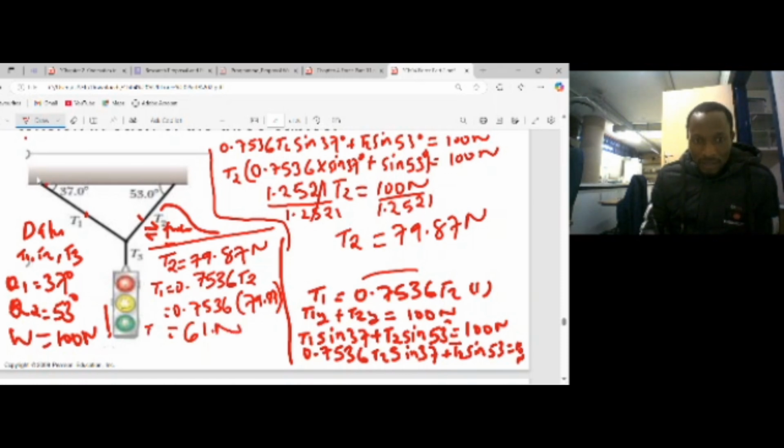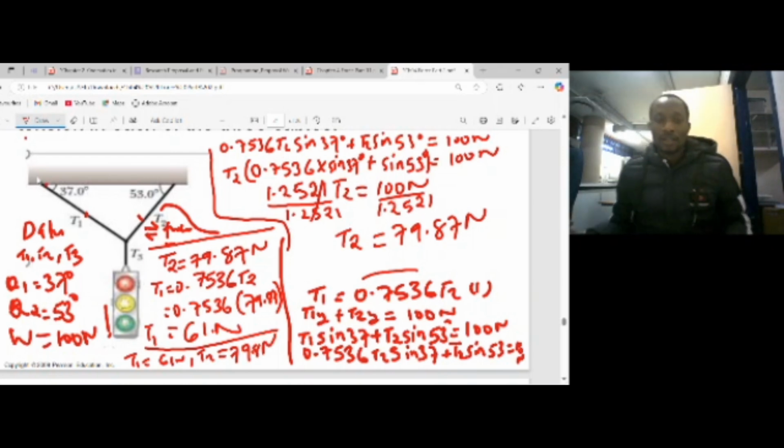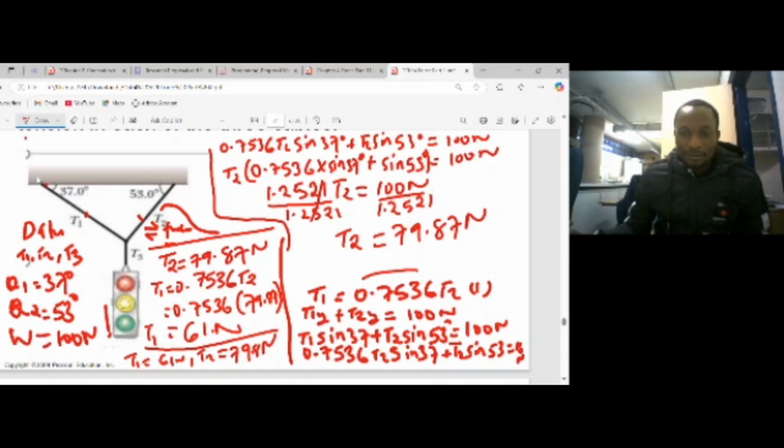So this is our T1. So at the end of the day, our T1 is equal to 61 Newton, T2 is equal to 79.8 Newton. Okay, that's how we determine the value of T1 and T2 in this equation.